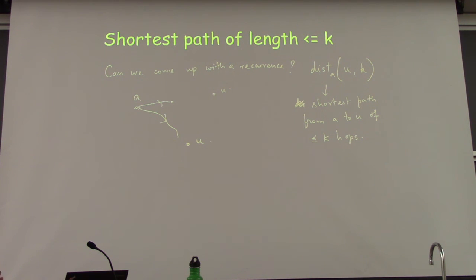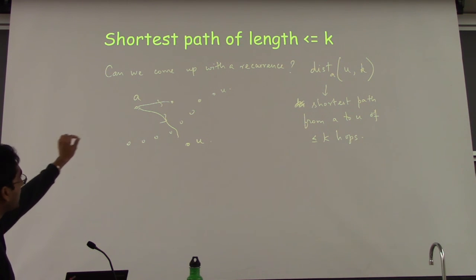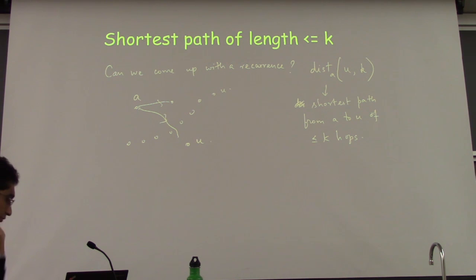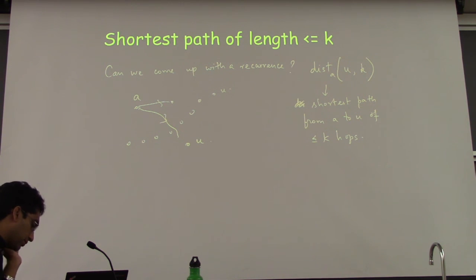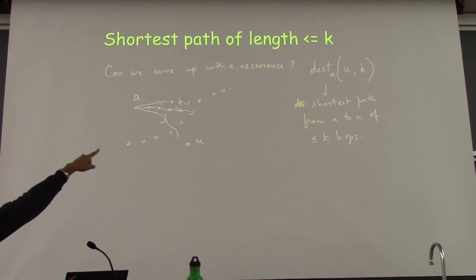So what he's saying is, look at all vertices that have paths of length k minus 1 from A. So this has k minus 1 hops. Okay. So this is a path of length k minus 1.